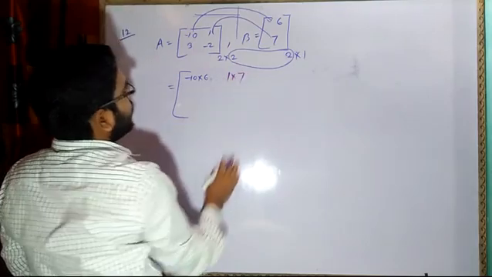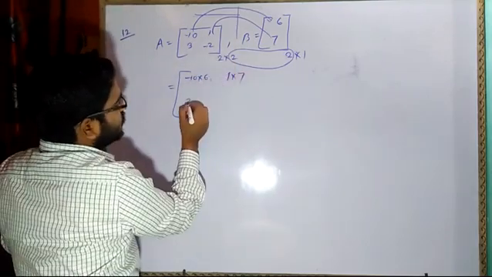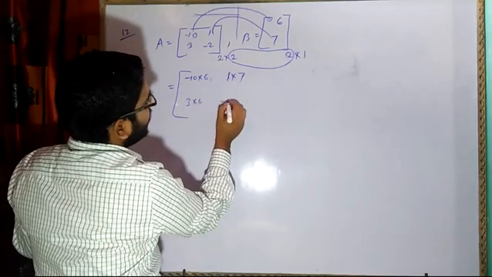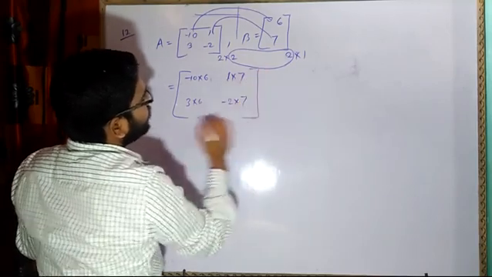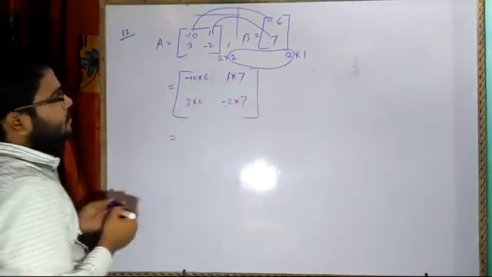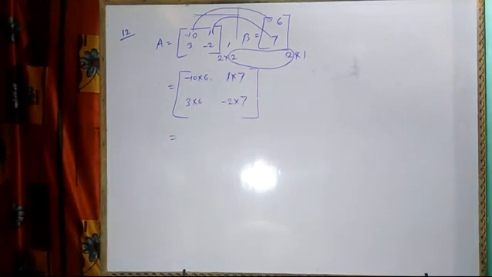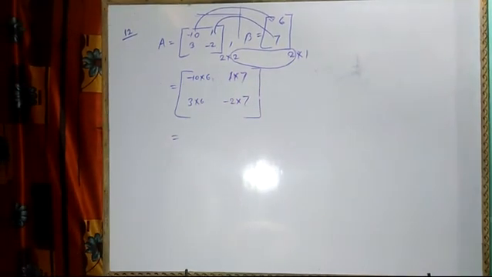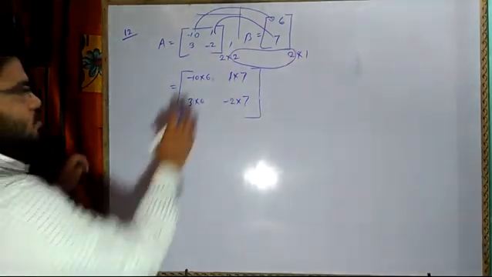Now again 3 into 6 will go and then minus 2 into 7. So you will be having 4 elements, as you can see.